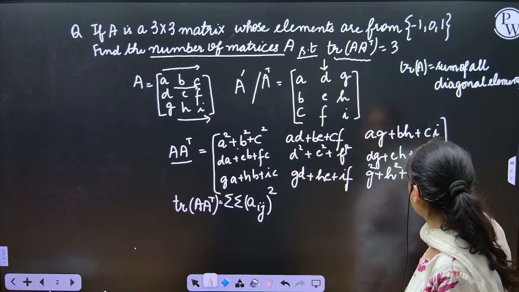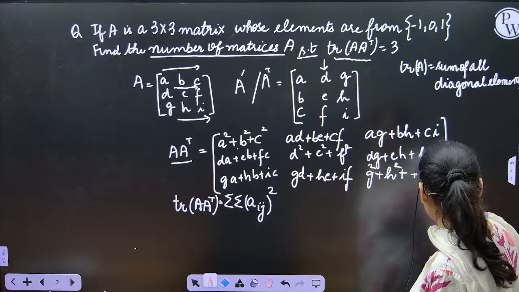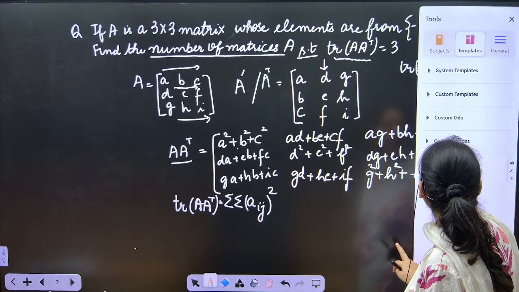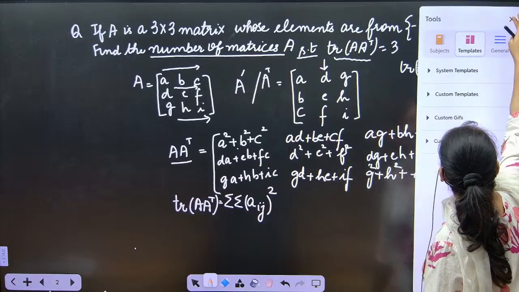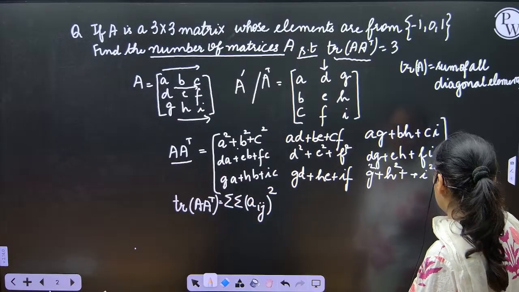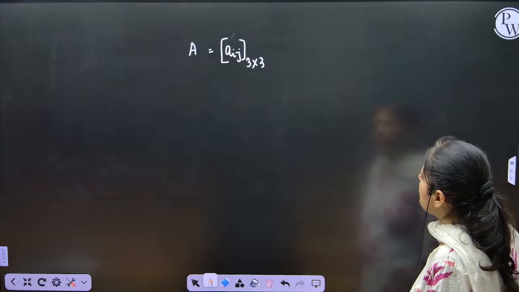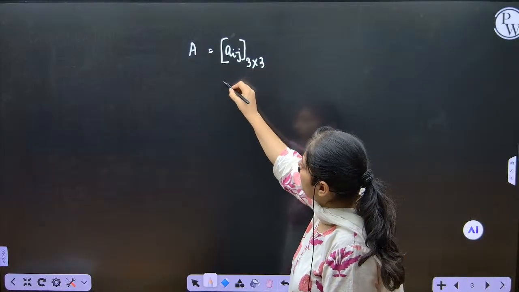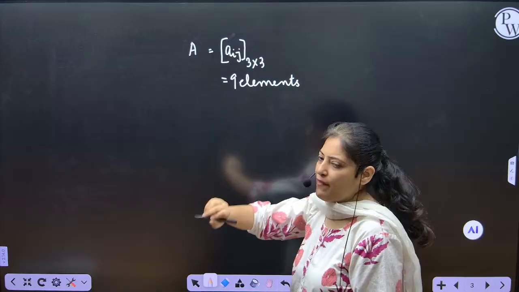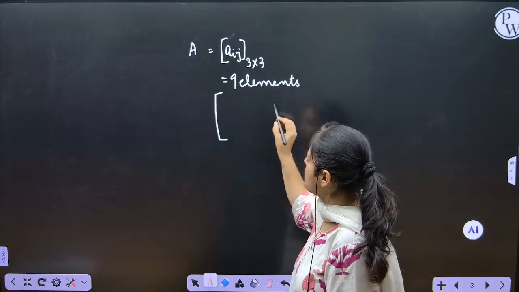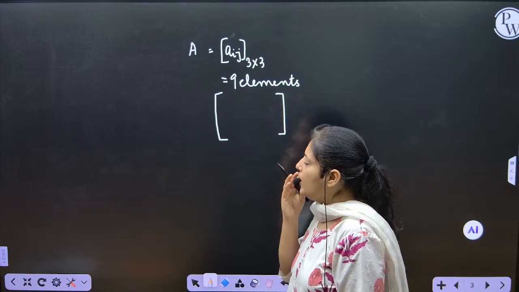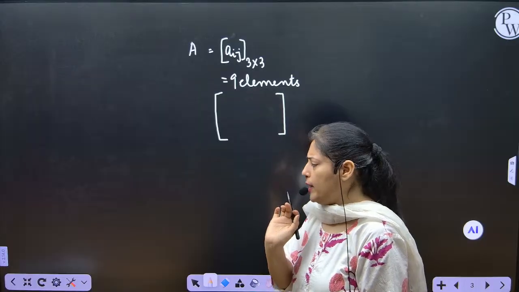Now see, a 3 cross 3 matrix means what? Total it will be having 9 elements. Now trace means what?